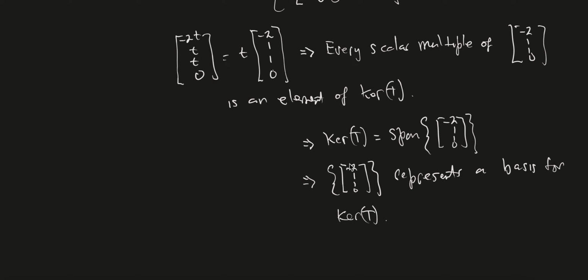Since there is only one vector in this basis, we say that the kernel of T is one-dimensional.